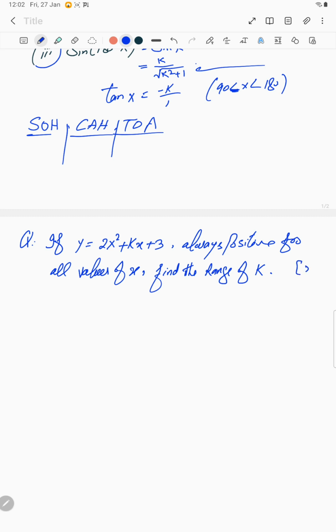This is a 5 marks question. The only tricky point to be noted is that it was always positive. So the nature is always positive, so for this case we need to take the opposite of it. We can say that b square minus 4ac is less than 0.